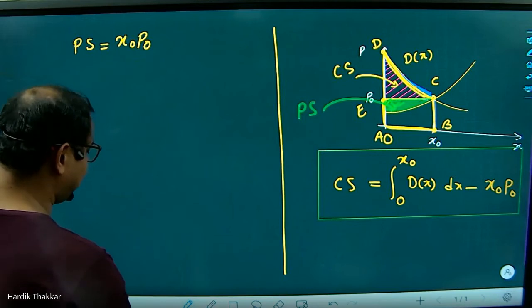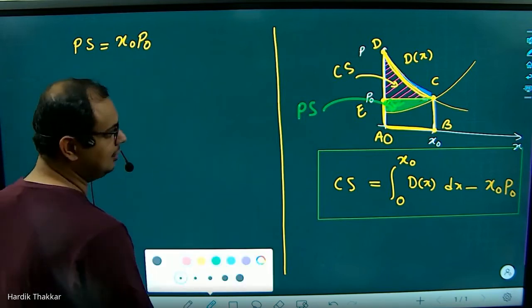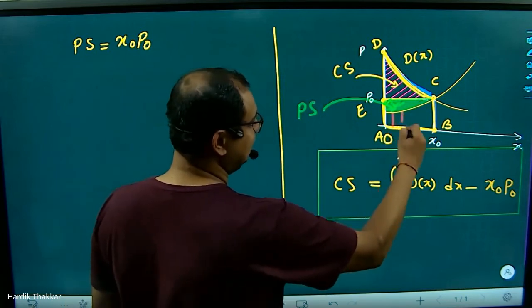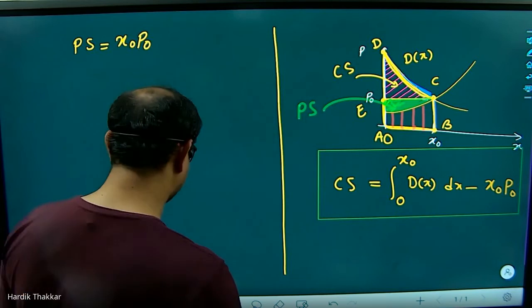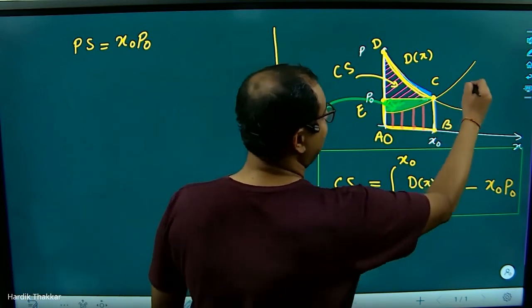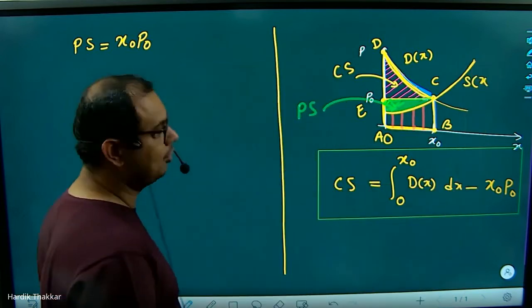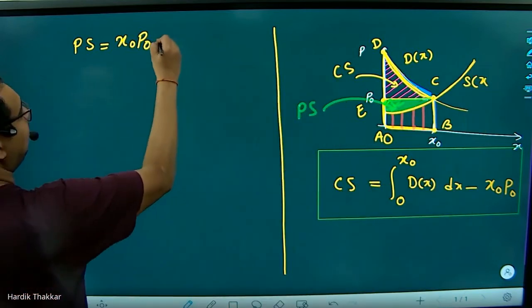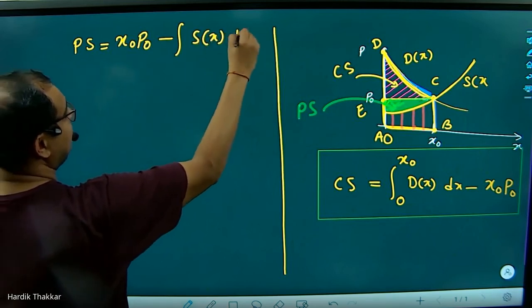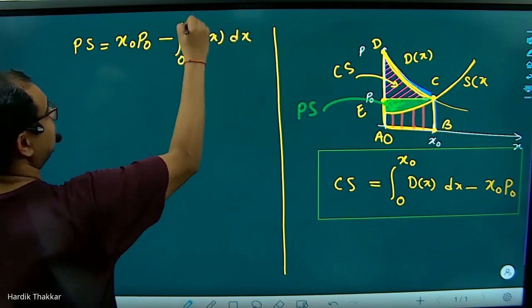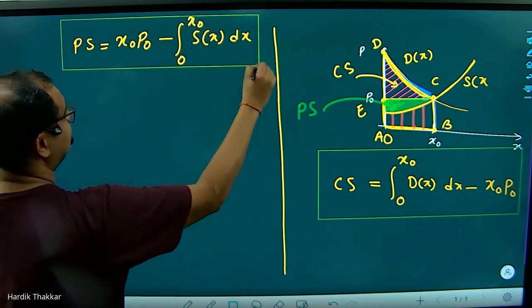Then from that block we have to subtract this region which is in the bottom, correct? So this region is actually bounded by the curve S of x. This curve is S of x, correct? So x naught p naught minus integration S of x dx from 0 to x naught. So this will be the formula for producer surplus PS, correct?